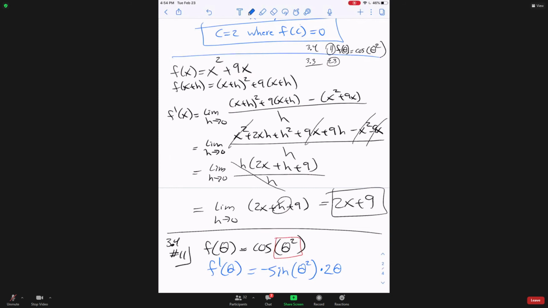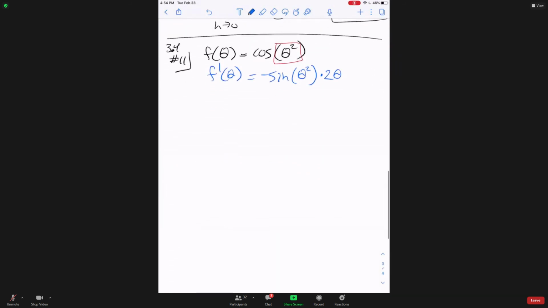All right, let's do number 23 from 3.3. y equals cosine of x minus the sine of x. And the question is, find the equation of the tangent line to the curve at the given point. Very good question.